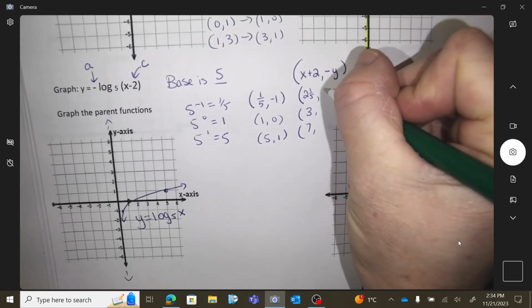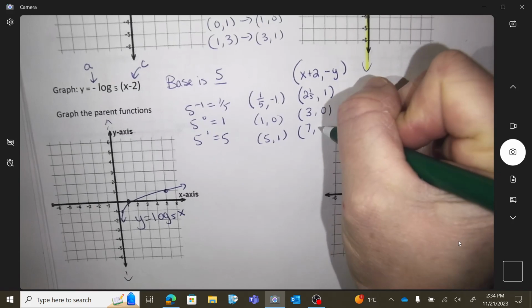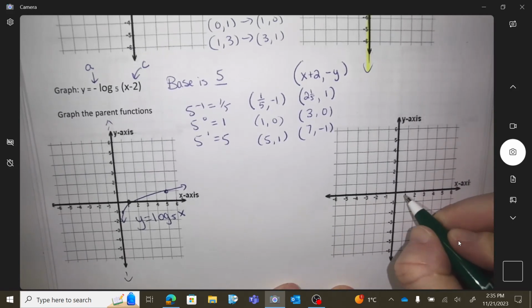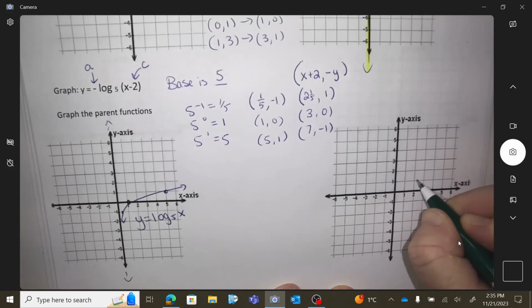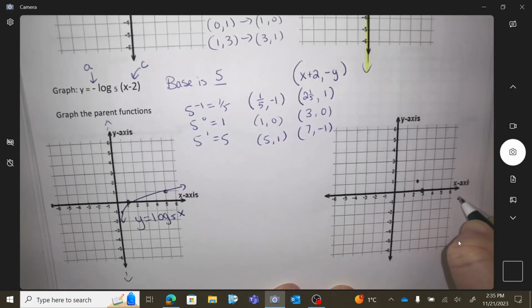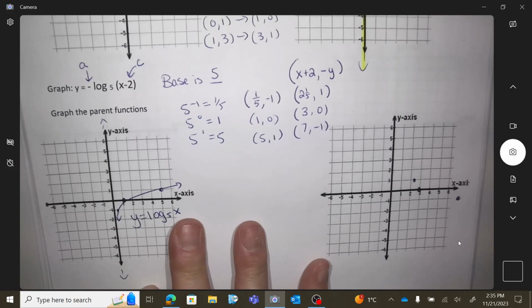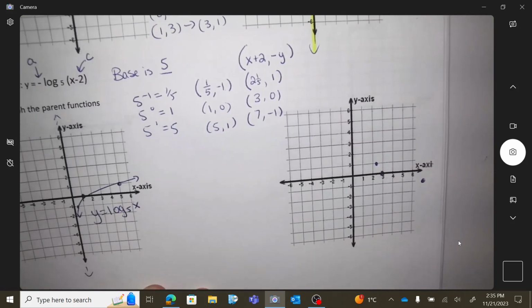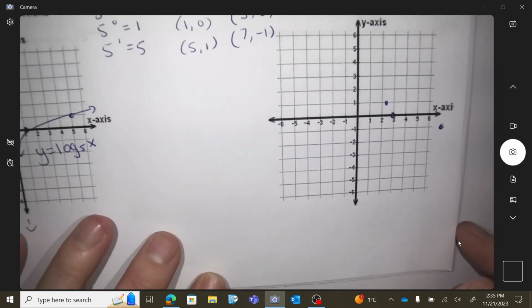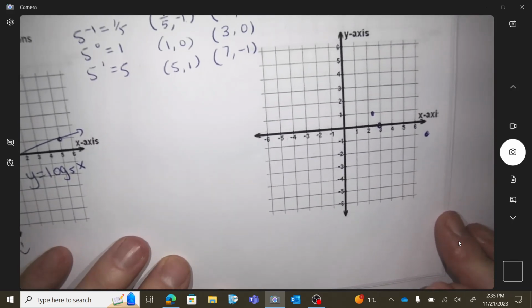So I run all my x's through to go a little faster. And now change all your y's. Sorry, my grid isn't even big enough. So there are 3 coordinates.